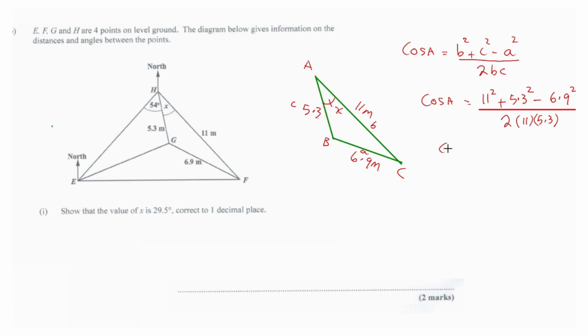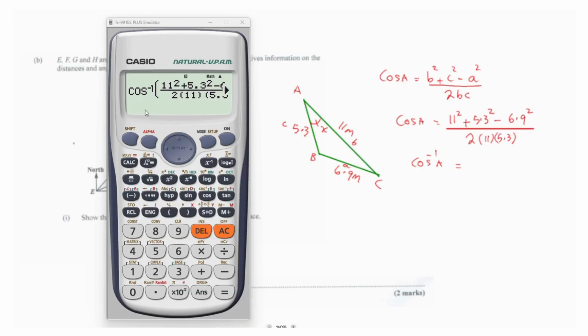So we can write cos inverse of A would equal to this. Let's use our calculator to work this out. So cos inverse of 11 squared plus 5.3 squared minus 6.9 squared, all of that over 2 times 11 times 5.3, and that gives us 29.5 to 1 decimal place.